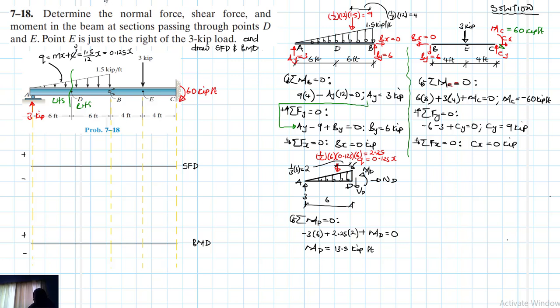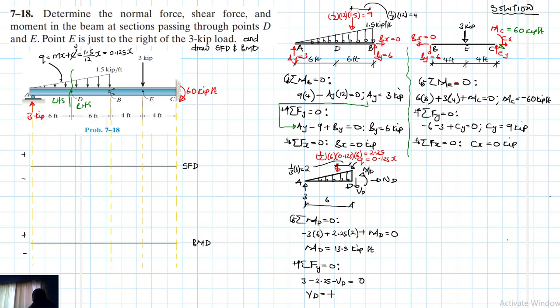Okay, that's our MD. And then let's find the other component, summation of forces in the Y equal to 0. Okay, what do we have? We have a plus 3 minus 2.25 and then minus VD equal to 0. And therefore our VD is just going to be equal to 3 minus 2.25.